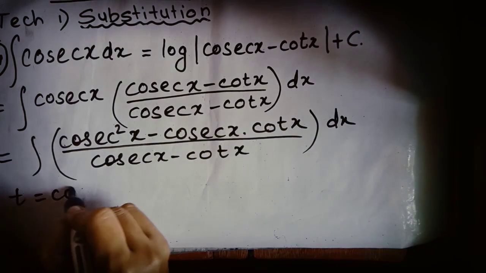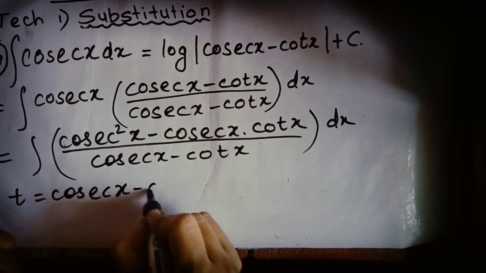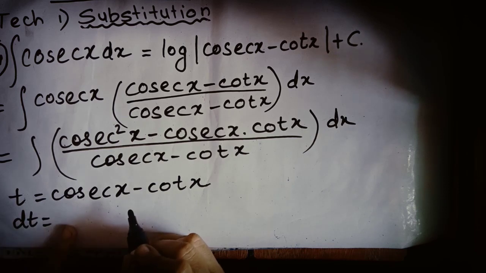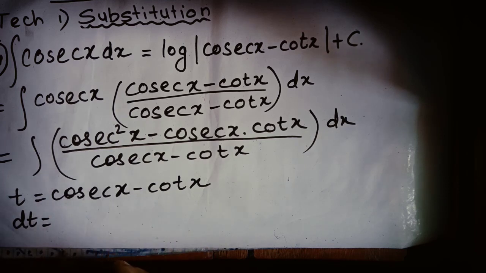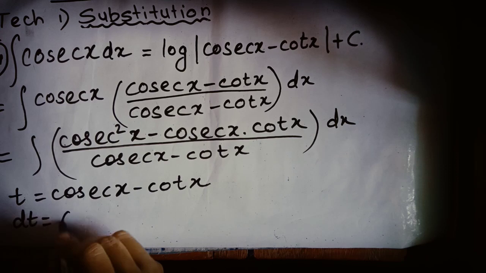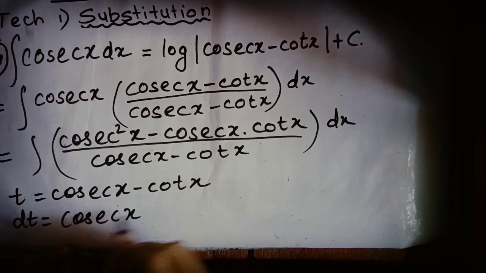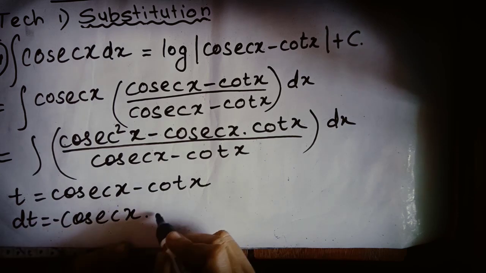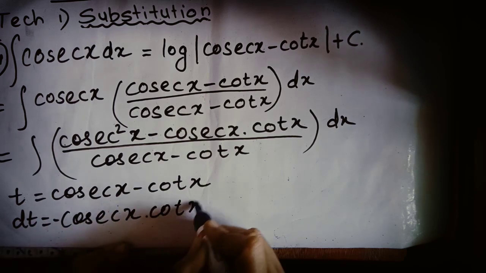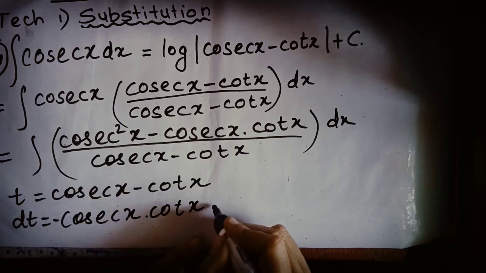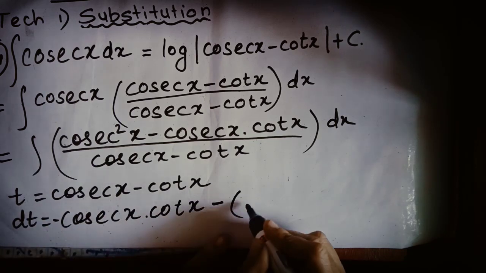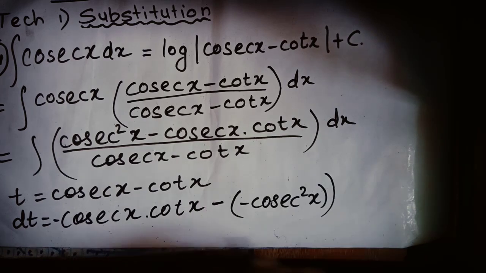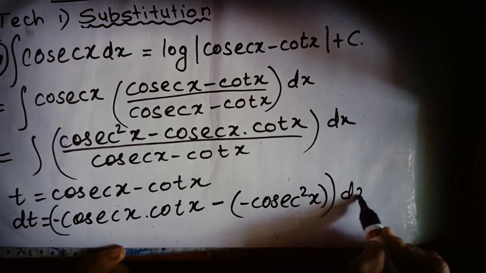So if I take t as cosec of x minus cot of x, then dt will be a derivative of cosec of x, which is minus cosec of x into cot of x, and derivative of cot of x is minus cosec square x dx.